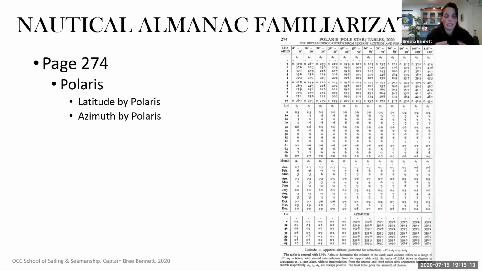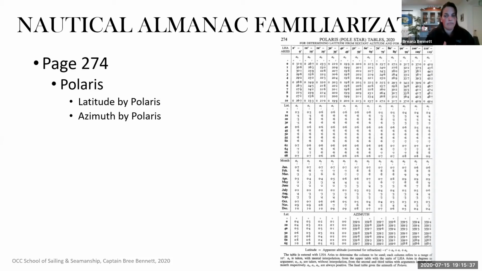We're not going to go into all of the ways to get compass error in this class, but that is a huge part of Celestial. I would say in my world, it's the most commonly used. We don't use Celestial for plotting positions, but we use Celestial daily for compass error.